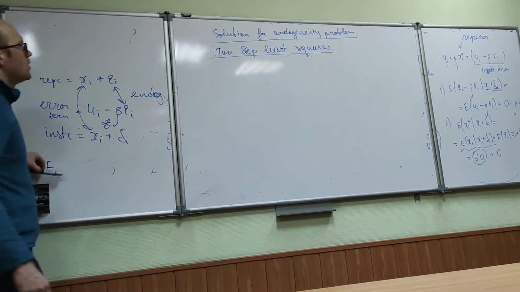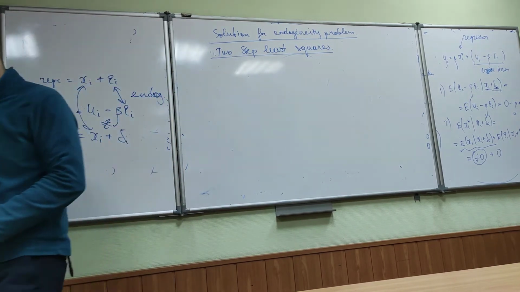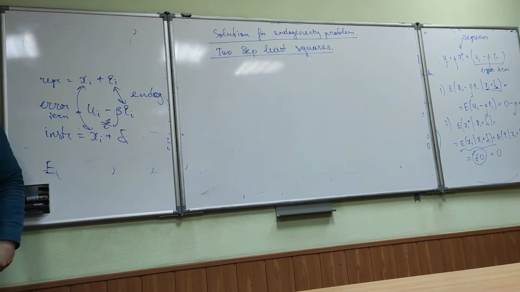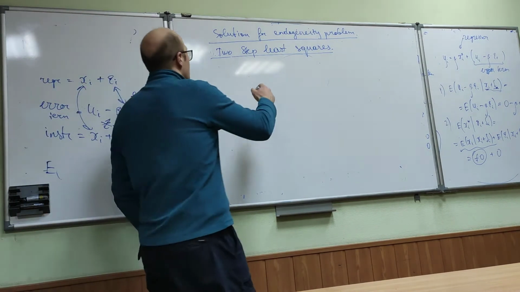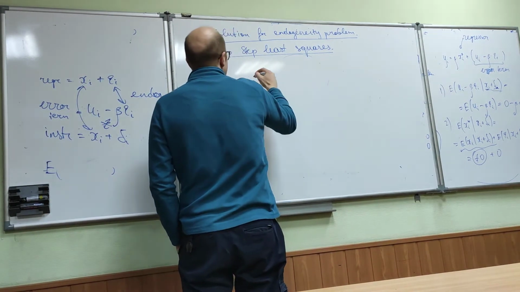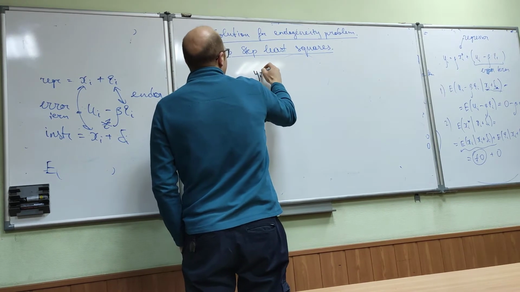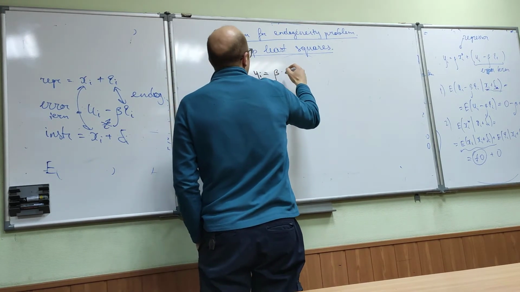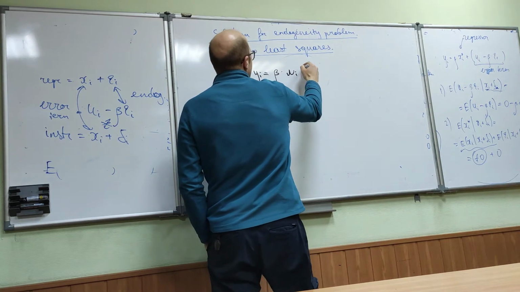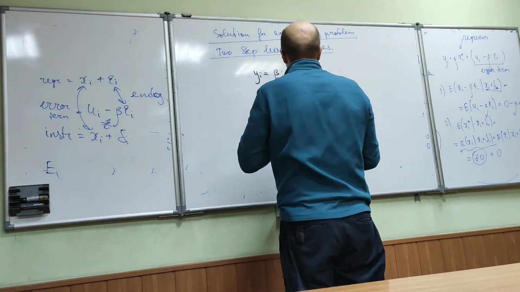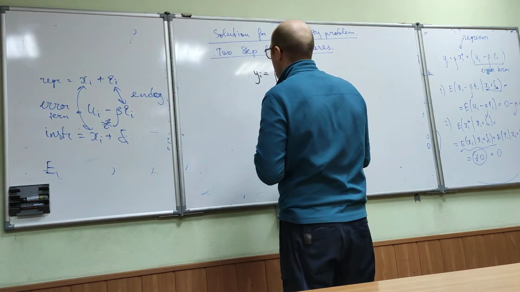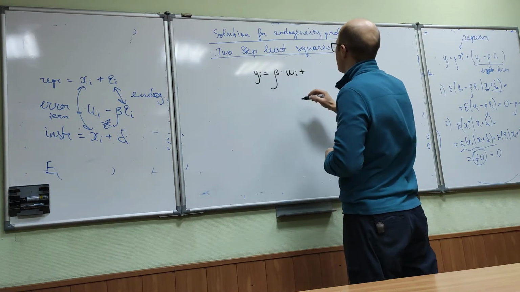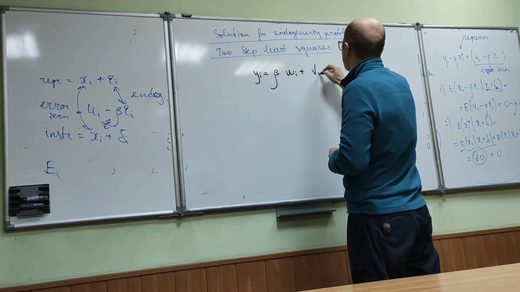Okay, first, what is two-step least squares? Let me just recall our setup. We have y equal to beta times w plus, I think, the error term nu.